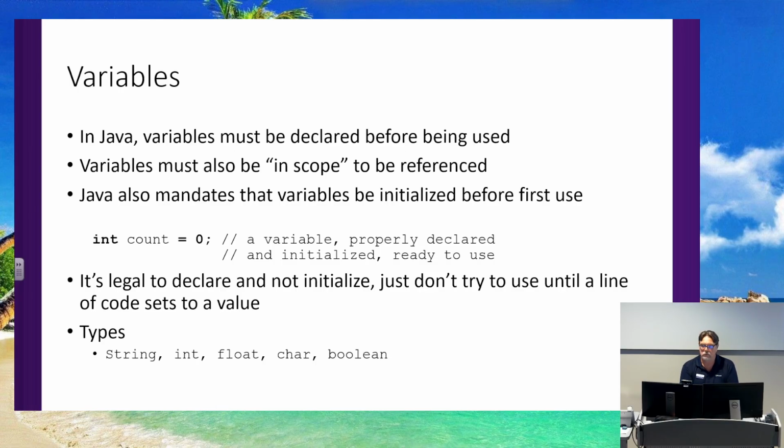But typically, the happy path, 99% of the time in Java, you're going to declare a variable and initialize it to a 0 or something, whatever you want it to be, prior to the code where you're going to use it. So this applies to these data types: string, int, float, char, and boolean. Any of those, you're going to have to declare it and set it to a value before you use it.